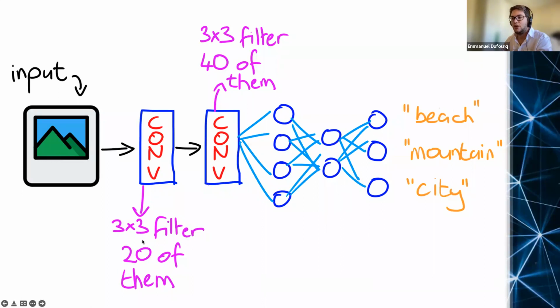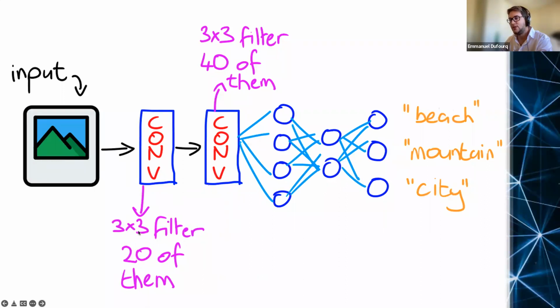So you also decide how many filters you would like to create in a convolution layer. We'll have 20 of these 3x3 filters, and each of the weights in them will be optimized during the training of the convolutional neural network.